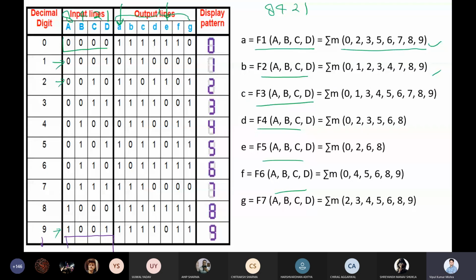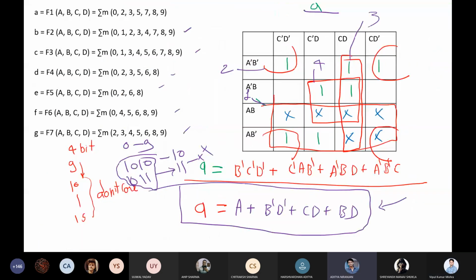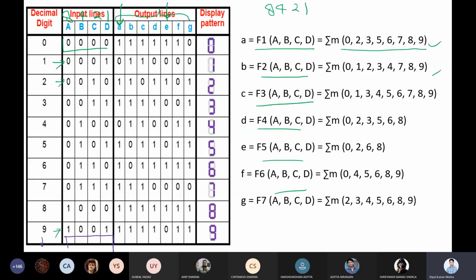Sir, once change to the next slide. The crosses you marked for 10 to 15 don't care, why did you mark them in the second last row? Could you have marked them above? No, we cannot mark above, because these outputs are available. With respect to these places, we have outputs in other places. So these cannot be don't care, because these input combinations are available in our input set and they have corresponding outputs.